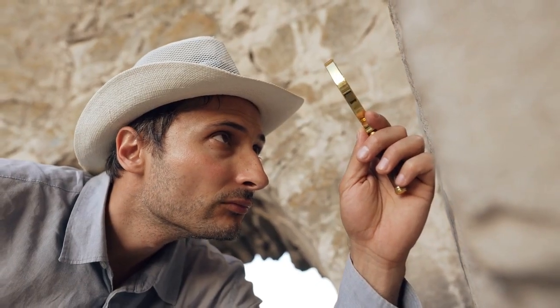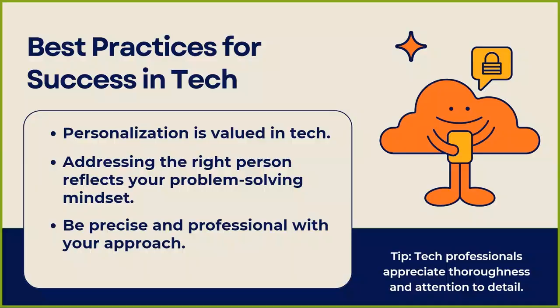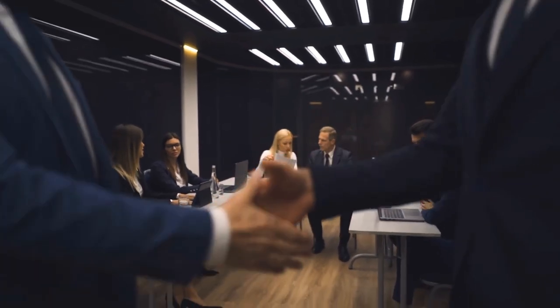Addressing the right person shows you are detail-oriented, which is a crucial skill to have. And 3. Be precise and professional. These professionals appreciate thoroughness and attention to detail. Quick tip number 4. Your cover letter should reflect the qualities you bring to the job: organization, precision, and professionalism.